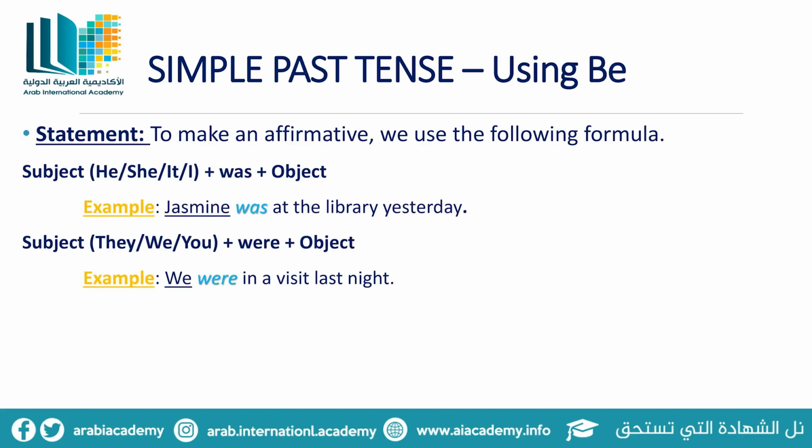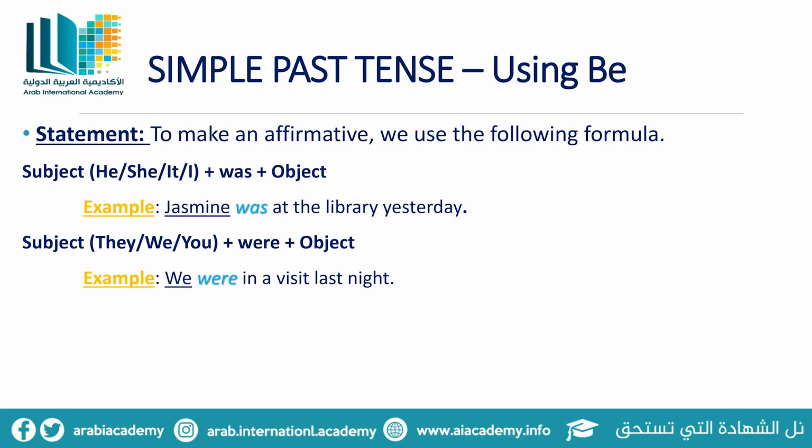Now for the simple past tense using the verb to be. As I said before, in order to write a positive sentence using the simple present tense, using the verb to be, we add am, is, or are. Now, in order to change this verb to be to the past tense, you have to follow the following formula.